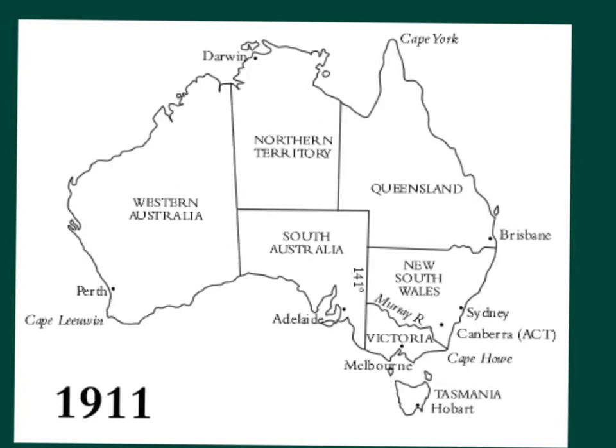In 1863, this portion here of what was South Australia became the Northern Territory of South Australia, and in 1911 the Northern Territory was transferred from South Australia to the Commonwealth. So we're actually just going to put in here 1863. And that pretty much rounds up our discussion on the creation of the colonies of Australia.